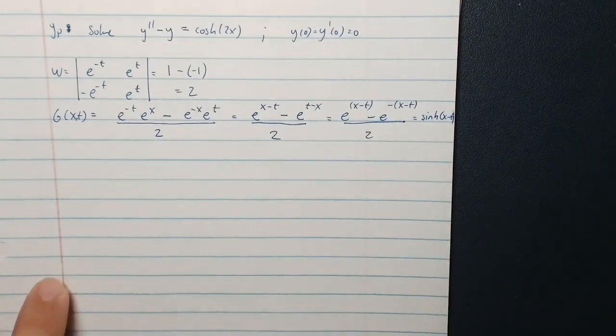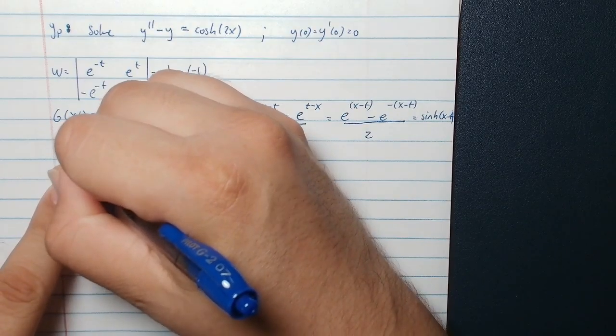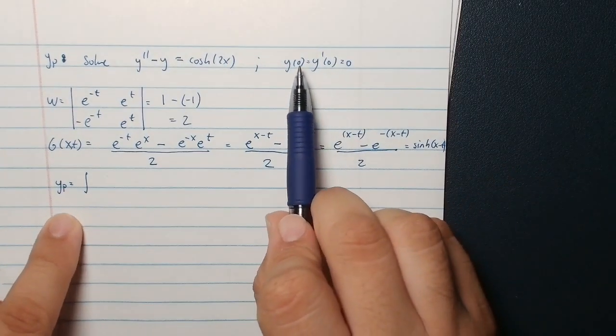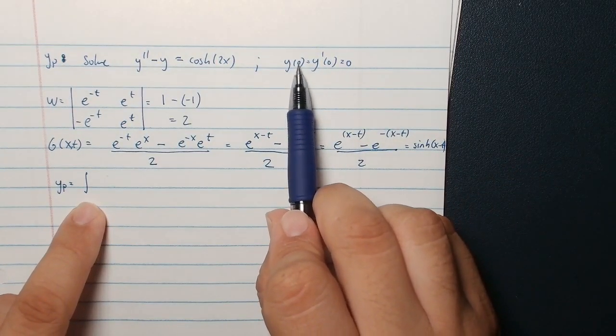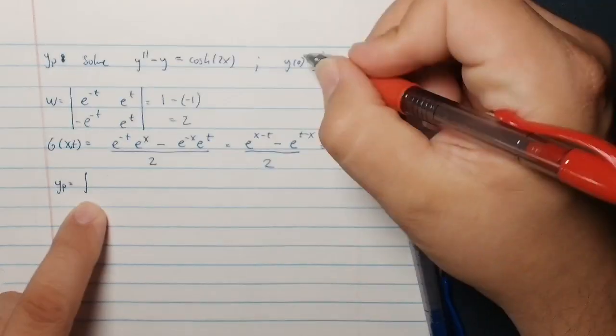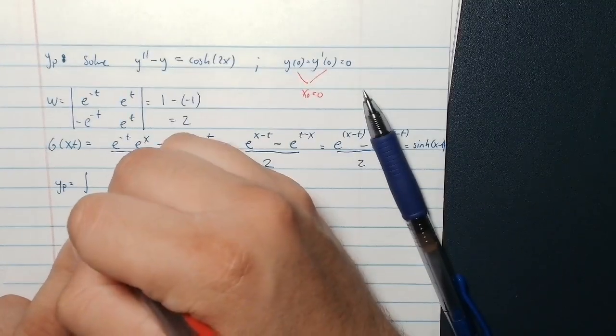Okay, so let's see. So now I have my Green's function, so now I can find my y sub p. According to our previous theorem, y sub p is nothing more than the integral from our initial conditions x value here, so that's just this 0 here. These right here are our x naught. And that's what this is right here. This is my x naught.